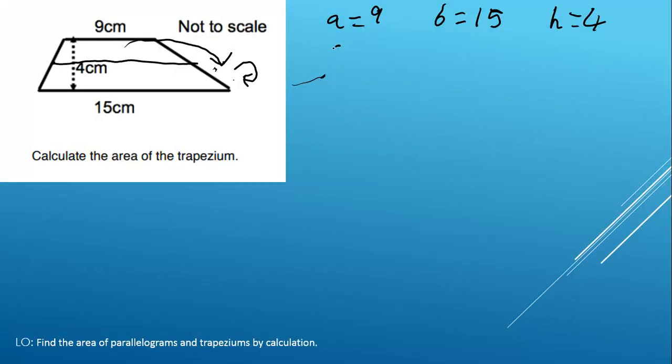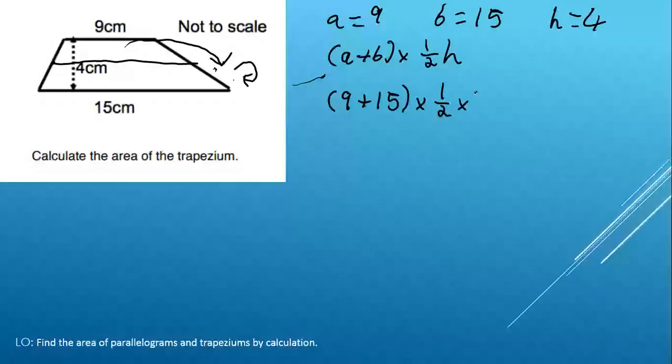So as we remember, the formula for the area of a trapezium is A plus B multiplied by half of the height. So in this case, that is 9 plus 15 times by half of 4 being our height.